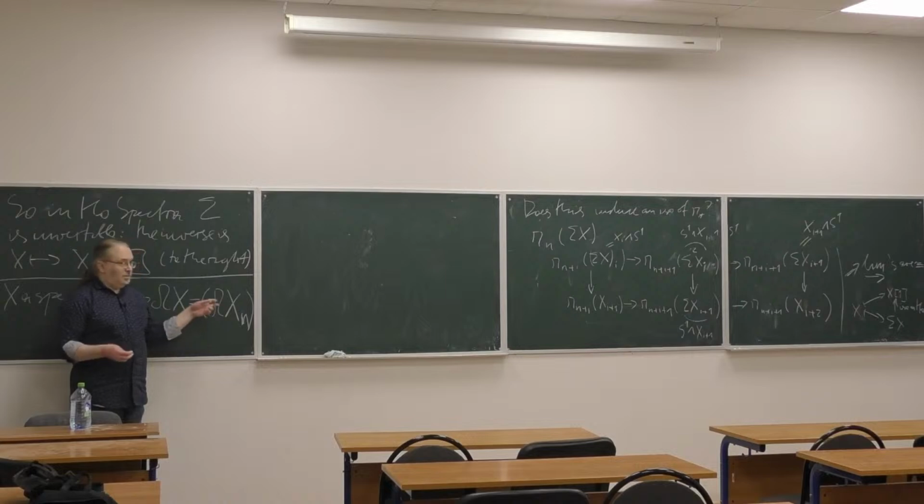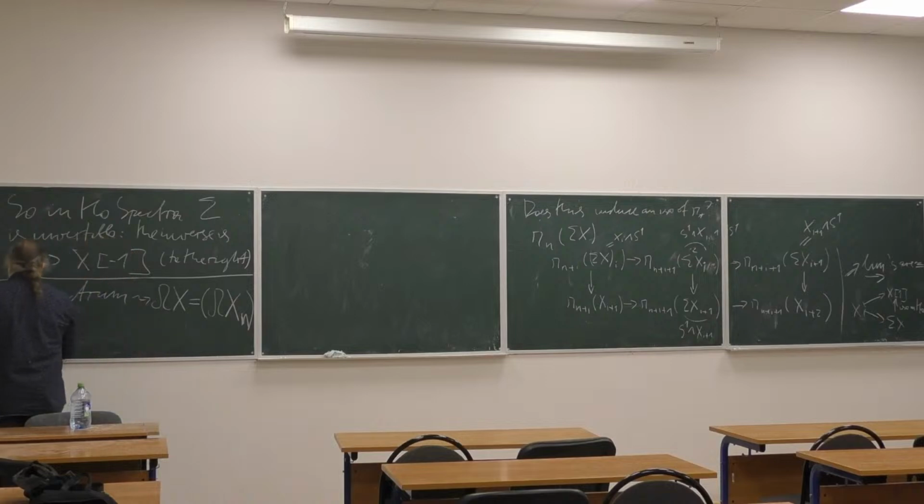We just take the loop spaces of all components, and then we use the loop space approach to the structure maps. So I have a map from xn to omega xn plus 1 for all n.